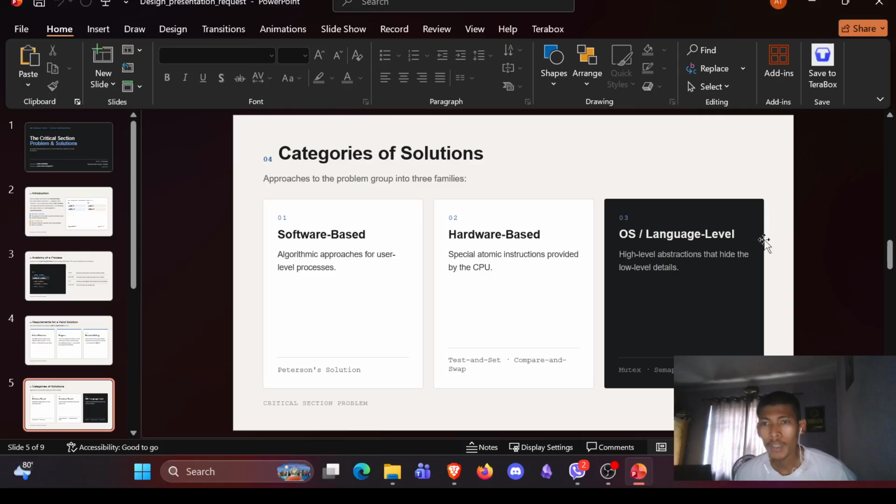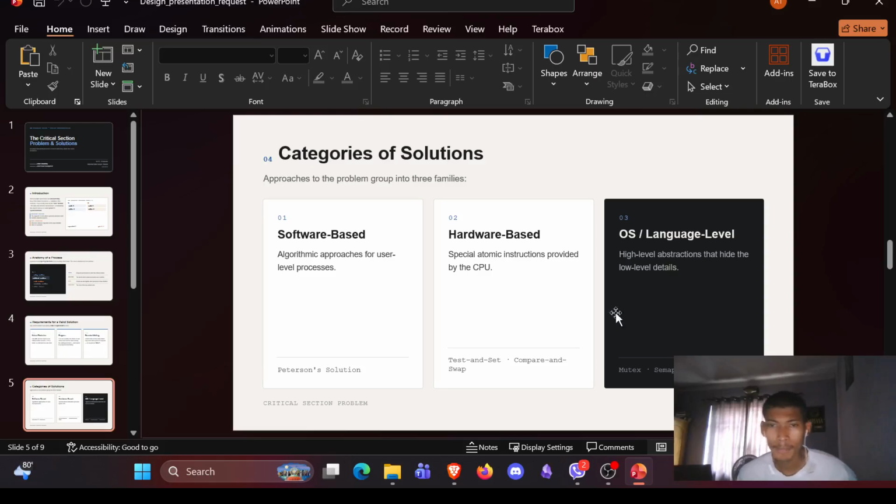OS and language level solutions are high level abstractions that hide the low level details, like mutex locks, semaphores, and monitors.